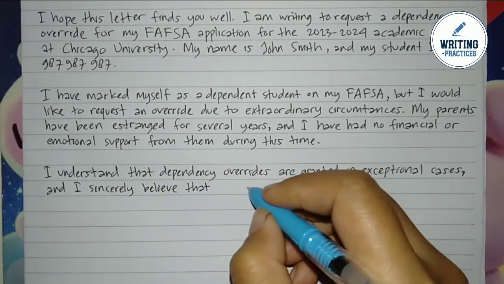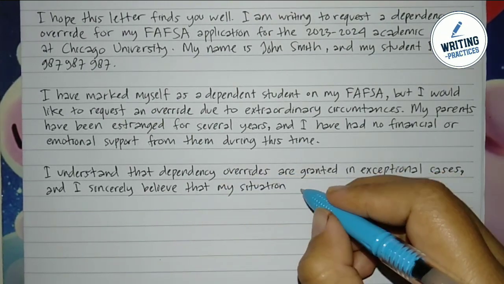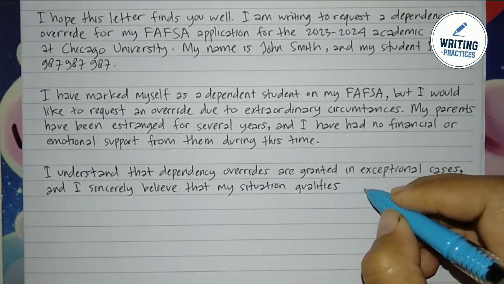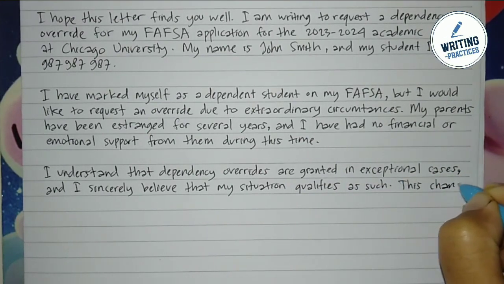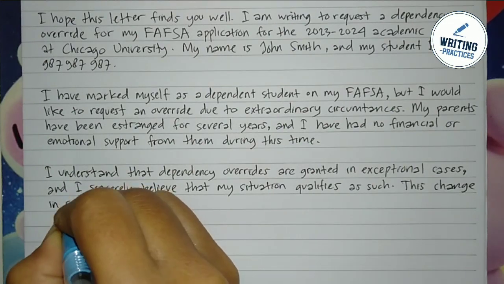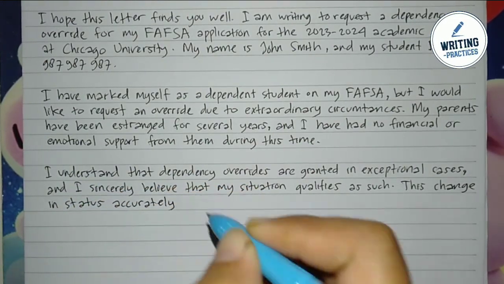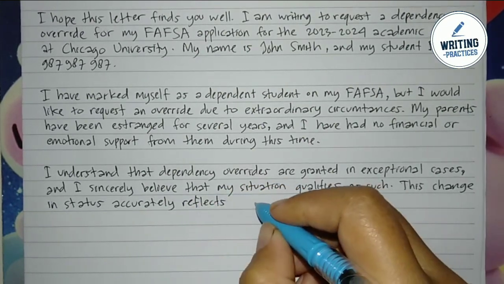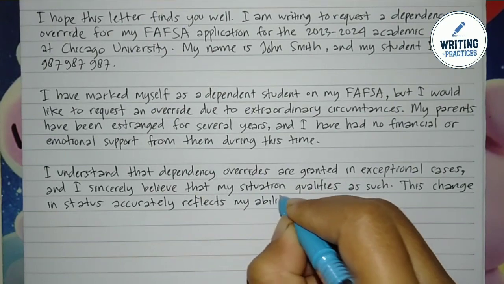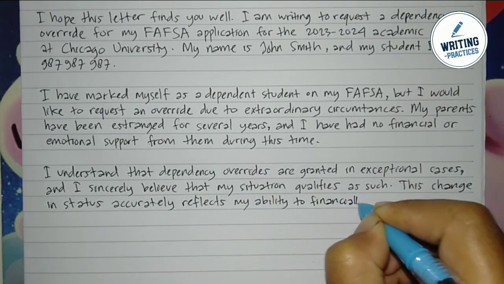And write, I understand that dependency overrides are granted in exceptional cases, and I sincerely believe that my situation qualifies as such. Convince the recipient how this change in status accurately reflects your ability to financially support yourself through college. In short, the recipient must see you eligible and qualified for this request.